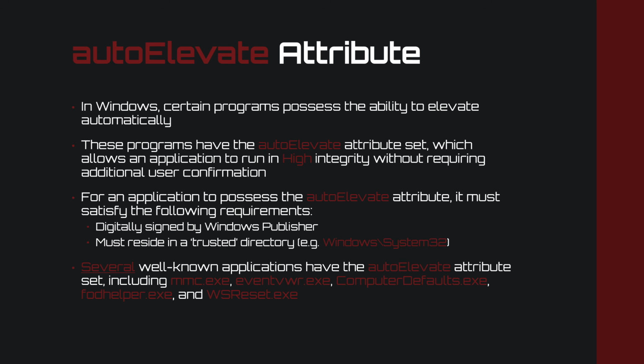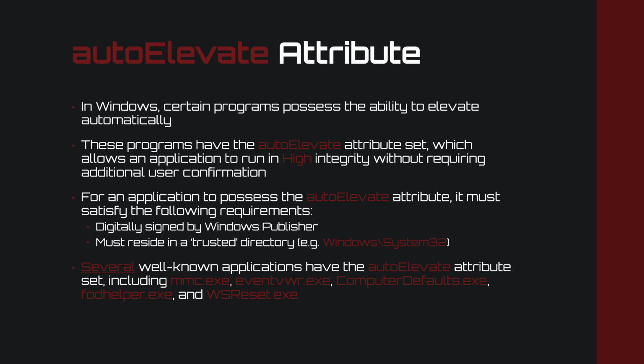Whenever a binary has this attribute defined in its manifest, and ConsentPromptBehaviorAdmin is set to the value of 5, Windows allows the application to run in a high integrity context without requiring additional confirmation, or more specifically, without requiring an elevation prompt.